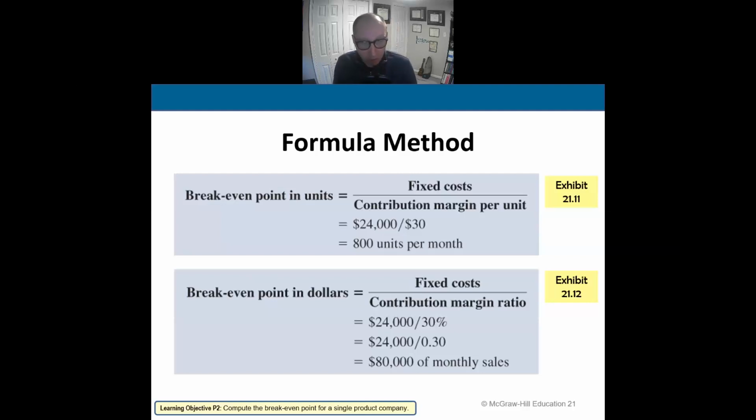It's not necessarily true, because if they don't know how many units or how much in dollars they need to sell to cover their fixed costs, they're in trouble. They think, oh, if I sell enough, I'll make some profit, right? That's what they think.